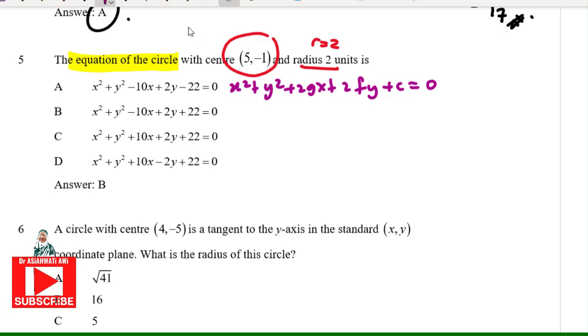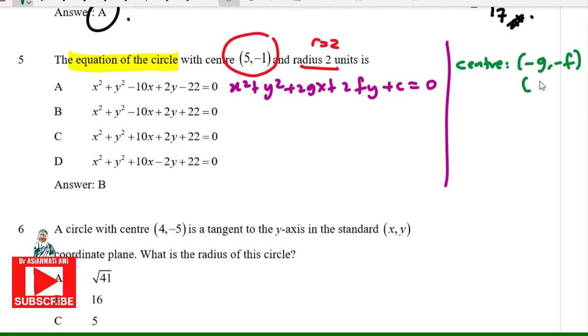We're going to find, okay, this is actually the center. If using this general form, the center is negative g, negative f.